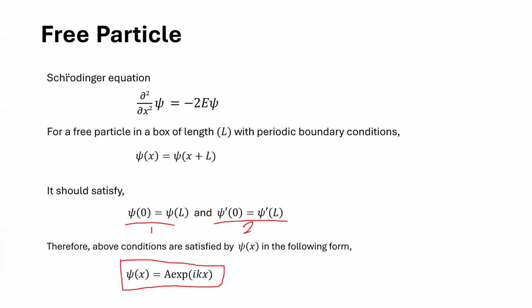It is psi of x is equal to a times exponential of i k x. Here i is the square root of minus 1, and k is a constant and x is the distance.